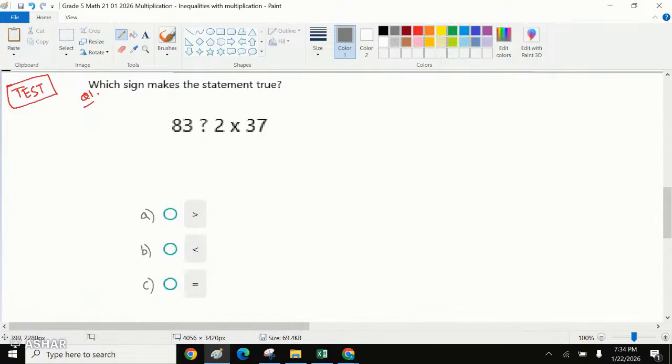Yeah, this is also a made-up question. We have 83 with the missing value, 2 multiplied by 37, right? For this question, what would be the answer? The missing sign is over here, question mark.